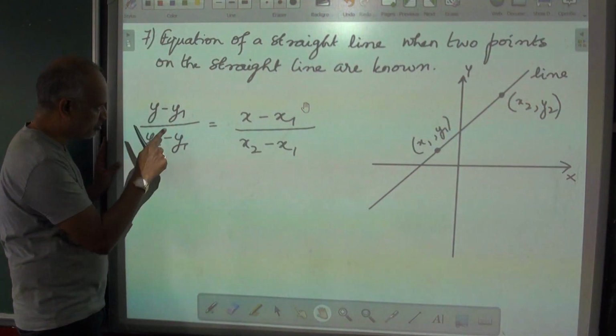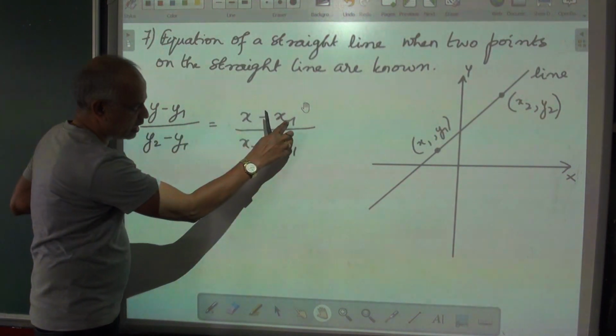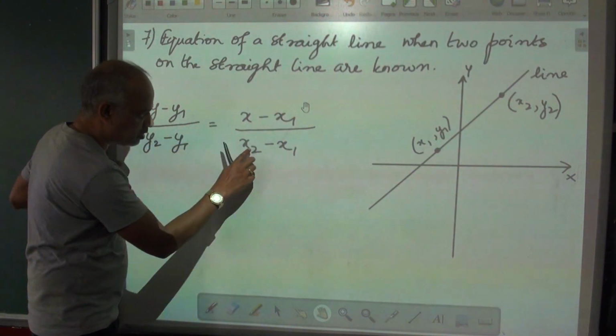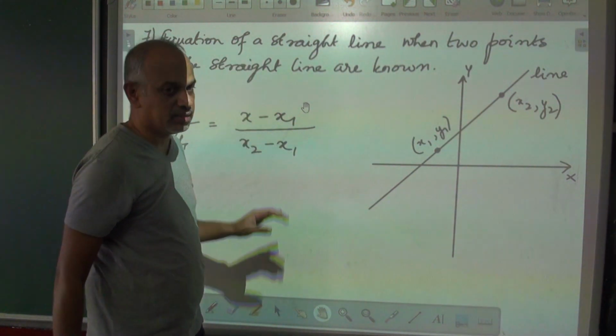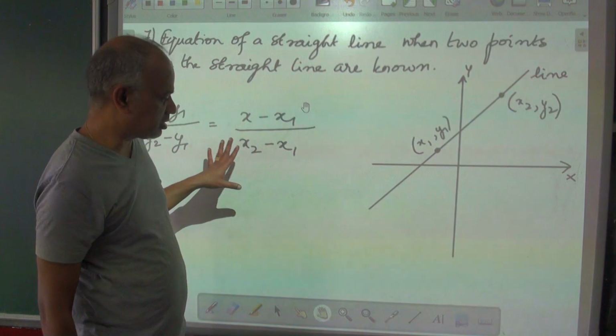So all that you have to substitute is y1's value, here x1's value, y2's value and x2's value, y and x will remain the same. So this is the third method of finding equation of a straight line.